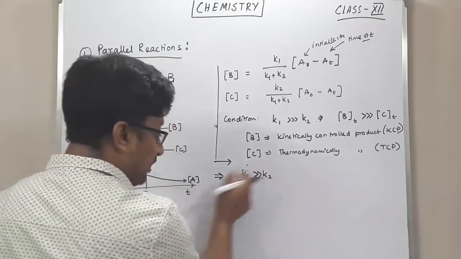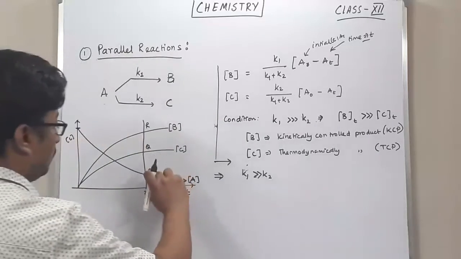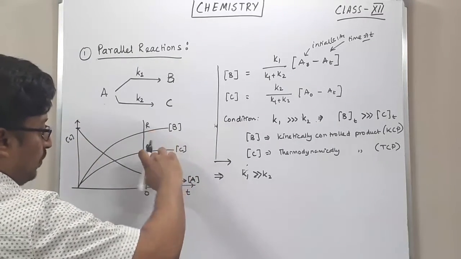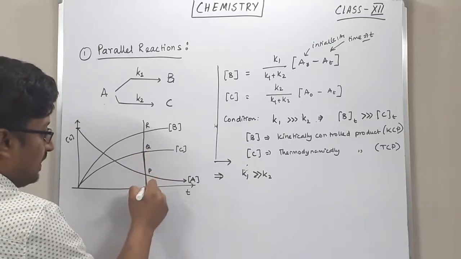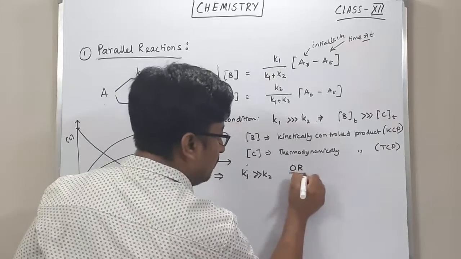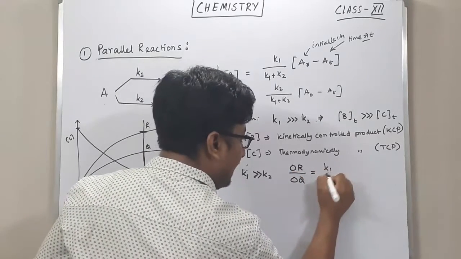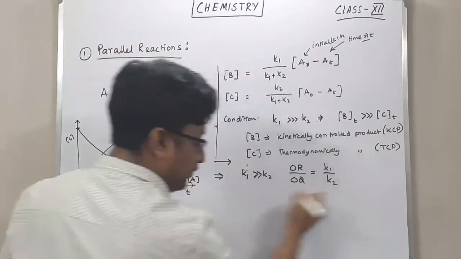Now here, what we can say is that OR by OQ, that is this distance and this distance, OR by OQ is equal to K1 by K2.